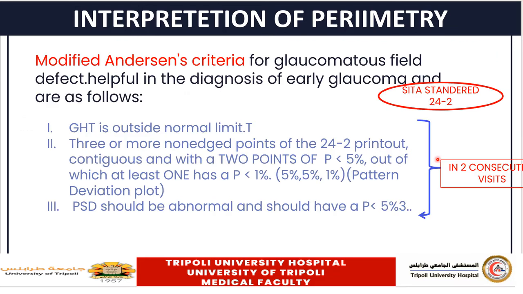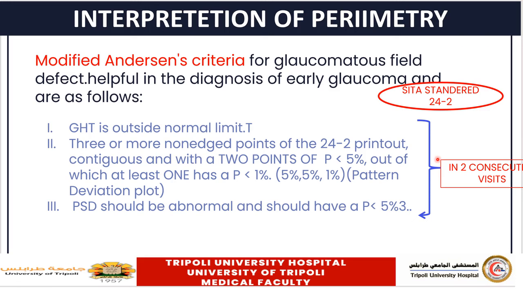From the glaucoma hemifield test, Anderson set special criteria, named the Anderson criteria for glaucomatous visual field, that are helpful in the early diagnosis of glaucoma. Initially, when Anderson invented these criteria, they were done on the standard threshold strategy in the 30-2 visual field.